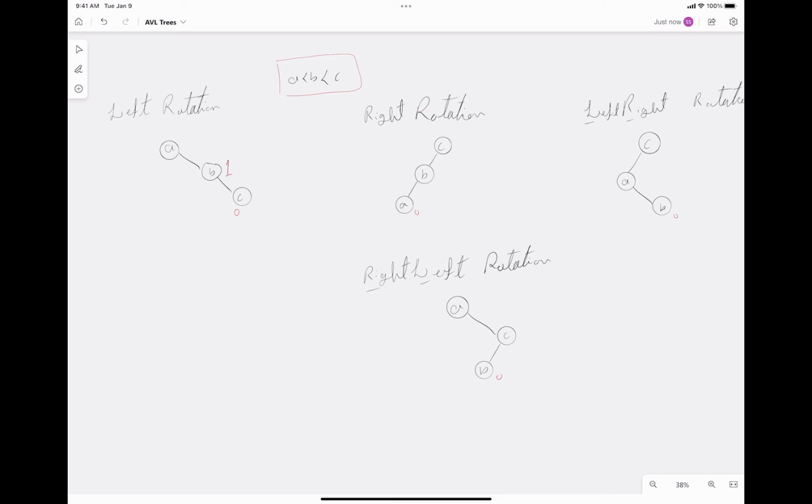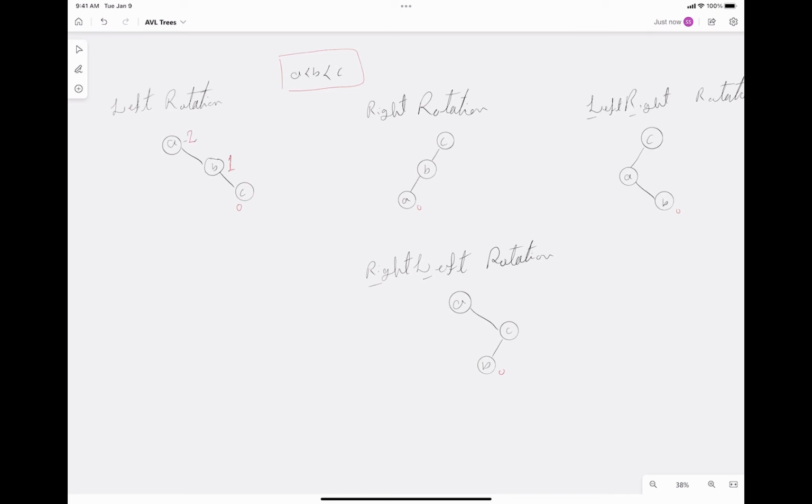Now the balance factor of A will be the difference between the height of A from the right side and its height from the left side. From the right side, the height of A is equal to 3, but from the left side, its height is 1, again 0 plus 1 because that's the height of its left child, plus 1 because we're including node A. So 3 minus 1 is going to be 2. And as you see here, this is a positive number.